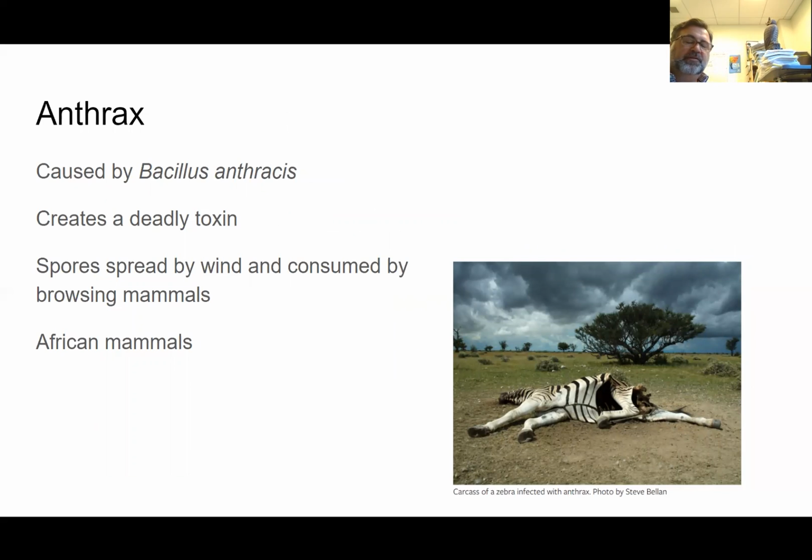Anthrax. So now we're into the bacterial diseases. This one's caused by Bacillus anthracis, and that bacterium makes a toxin that's deadly to animals. The effect of the disease is almost like a byproduct.